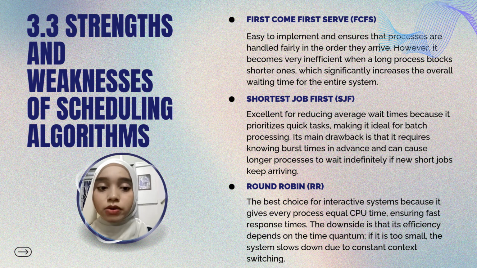Lastly, round robin is good for interactive systems, but if the time quantum is too small, it can cause too much context switching. So each algorithm has its own advantages and disadvantages.